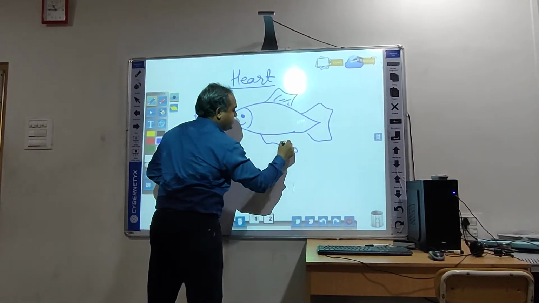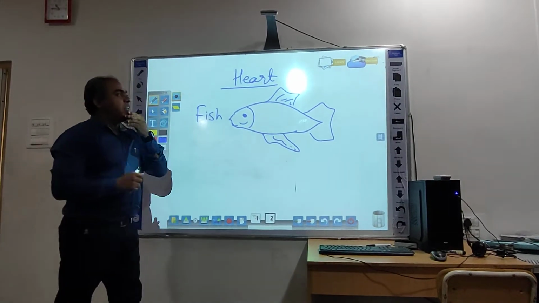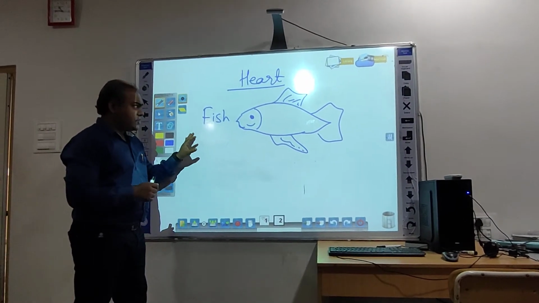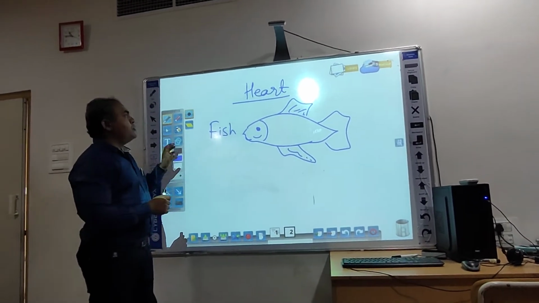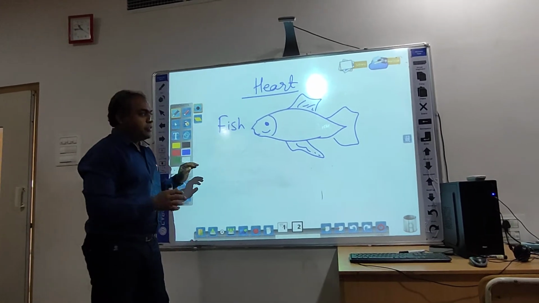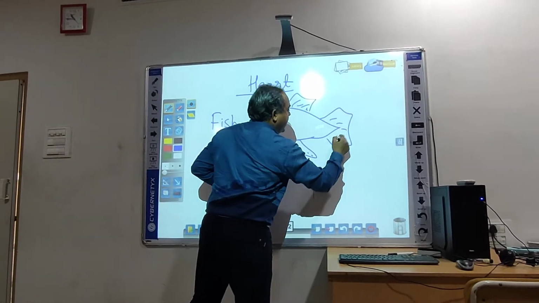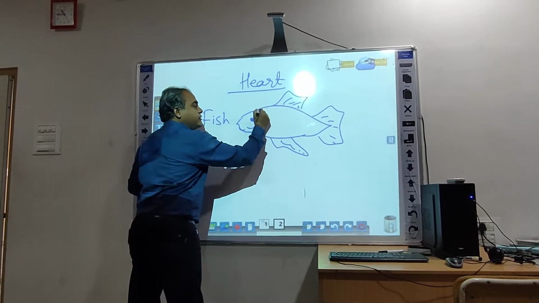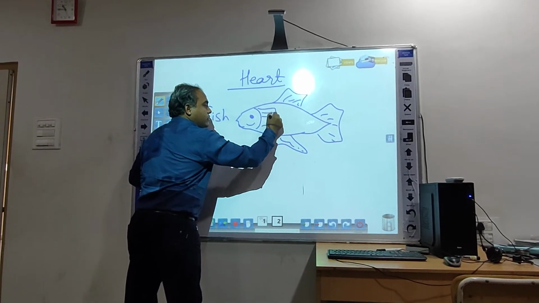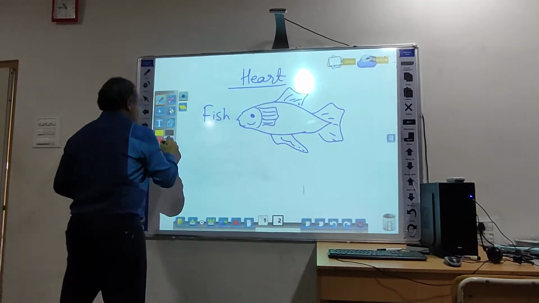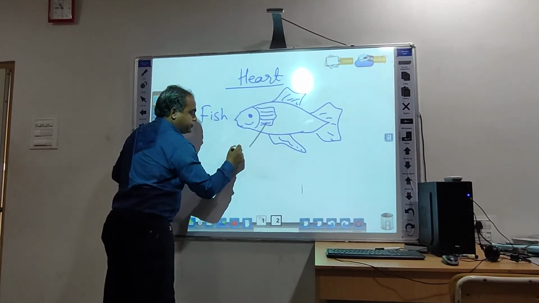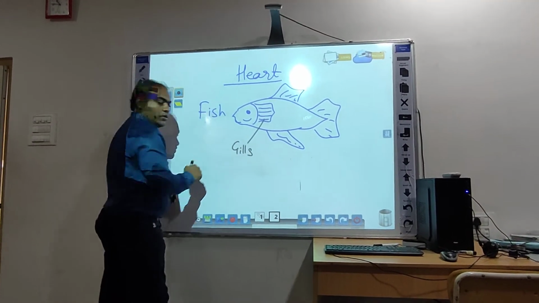That's a good thing. Okay, so we have basically a fish, an aquatic animal. Now, these aquatic animals, how do they transport the blood? They transport the blood with the help of, of course, what is present here? Okay, so what they have here is gills, right?